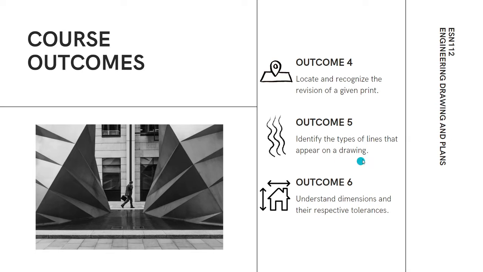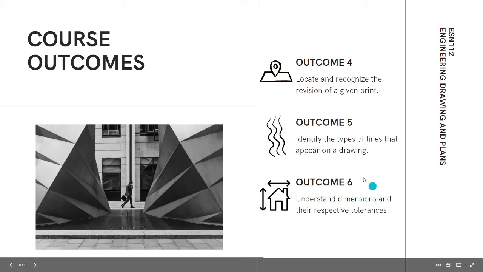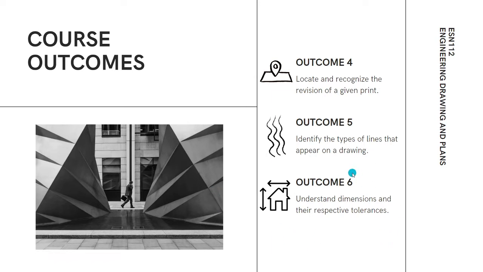The last outcome is that we would understand the proper dimensioning and their respective tolerances. There are also rules on how to put dimensions on our plans. Those are our course outcomes.